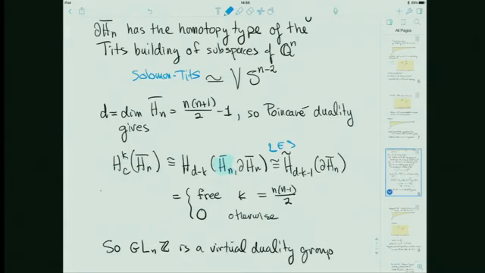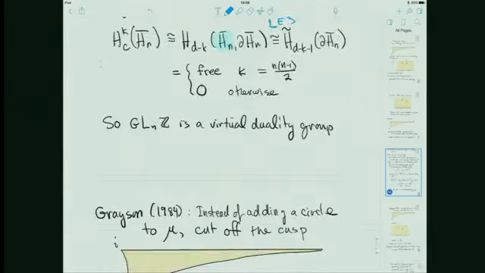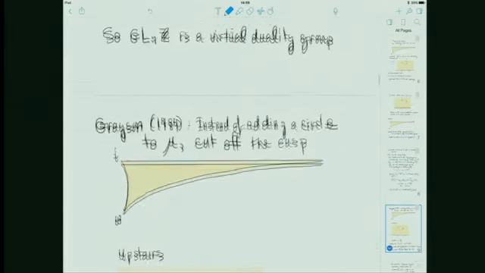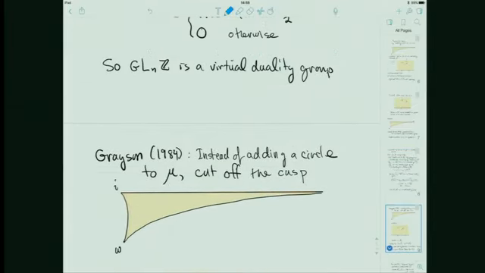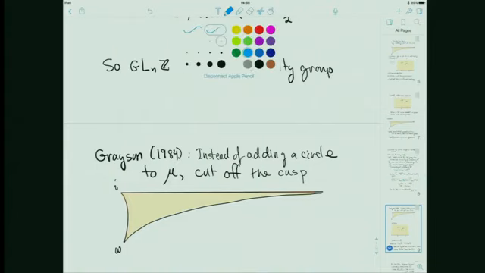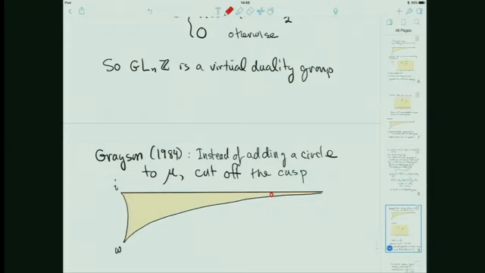Now, Dan Grayson came along and he kind of was more in the spirit of the last talk. Instead of adding a circle to the modular curve, you can also think of just cutting off the cusp, eliminating the thin part. What you get looks exactly the same, right?